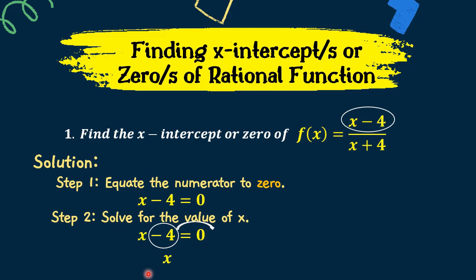With the shortcut, negative 4 becomes positive 4 on the right. Therefore, the value of x that will make the numerator equal to 0 is 4, and this is our x-intercept.